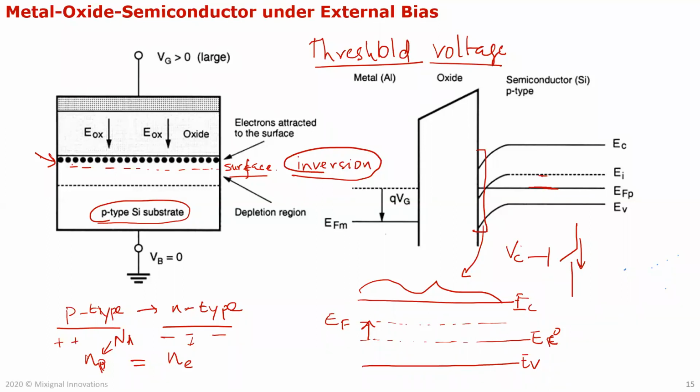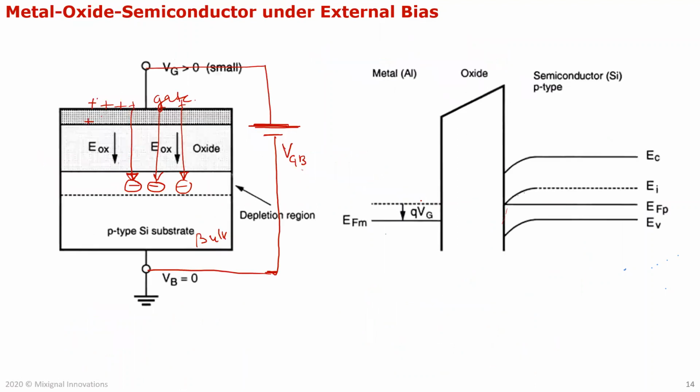I'm not clear about that metal side. Why did the Fermi energy of the metal go lower than the real Fermi energy level? Well, that's just to equate the energy levels, and I think it'll be clearer next time when we talk about it.